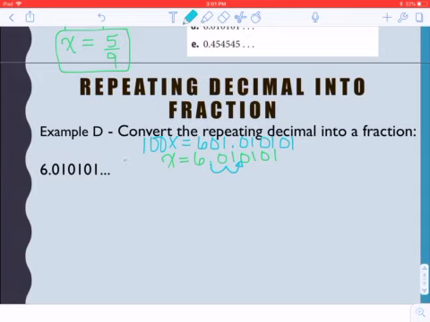100x minus x is 99x. 601.010101 minus 6.010101 is 595. I divide both sides by 99.